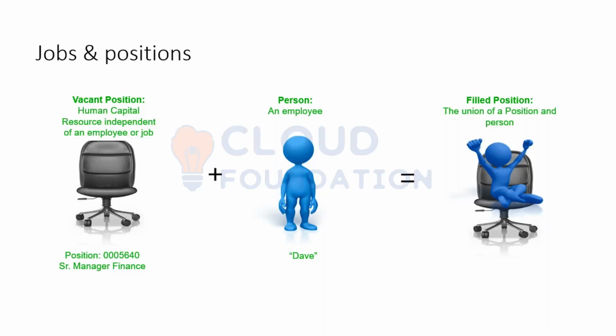Jobs describe the roles and responsibilities. And position is like a vacant chair where the candidate will apply, and if he's considered suitable, he will be allowed to fill that particular job requisition or job, whatever.